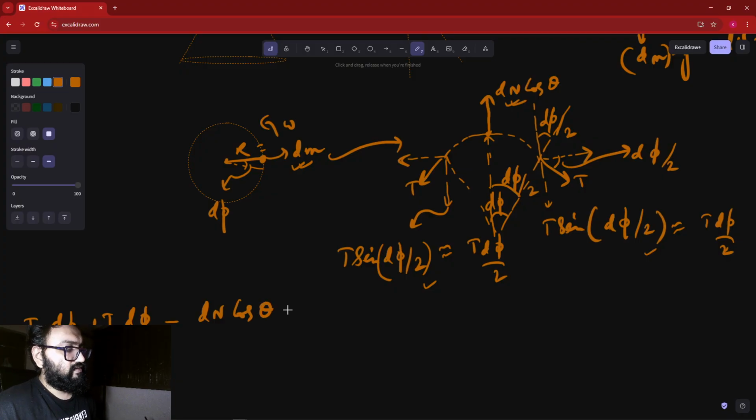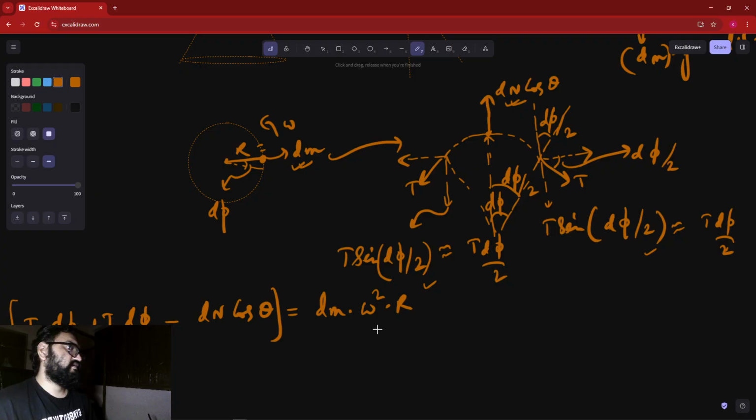This is the net force acting on this small mass dm radially inwards, and this actually is providing the centripetal force. What is the centripetal force going to be? It is going to be equal to dm, that is the mass of the small segment of the ring of the chain, times omega square times the radius.